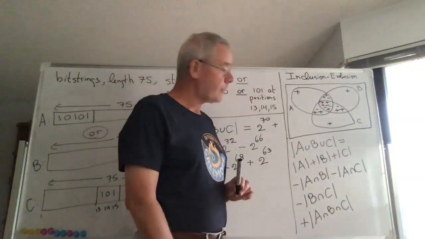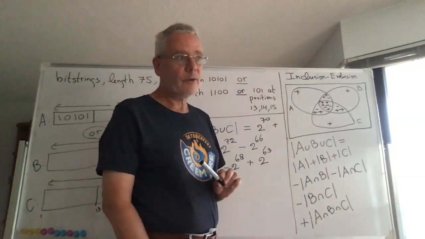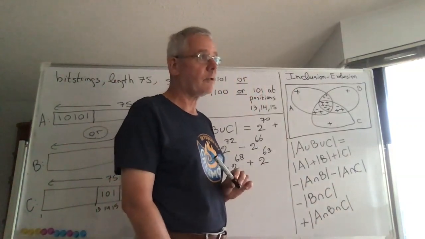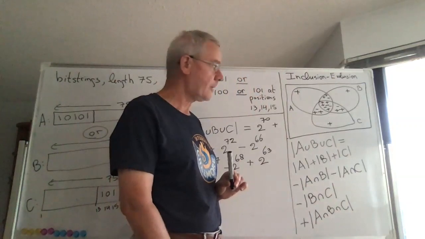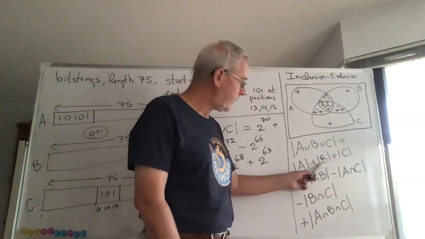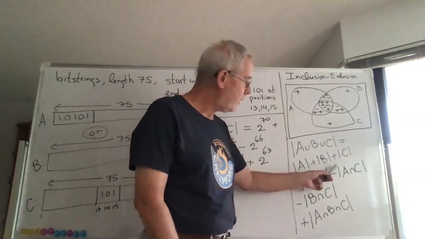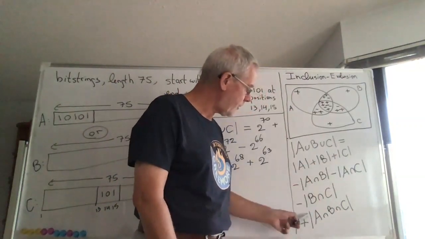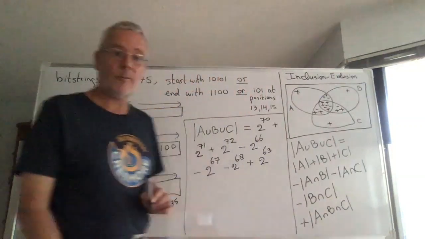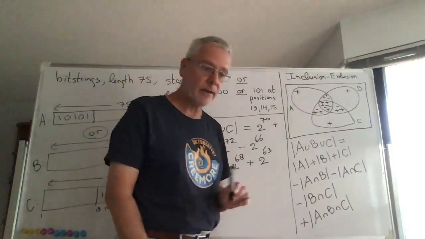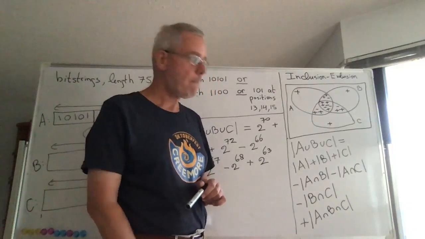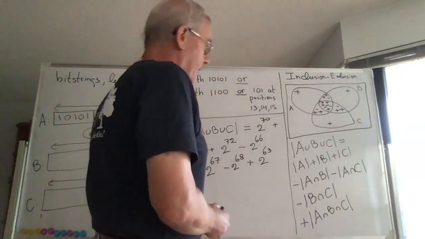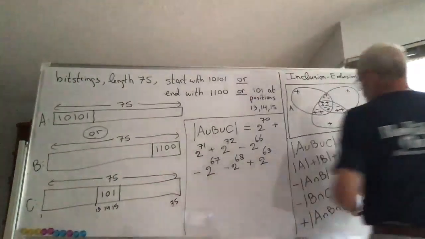Because any two subsets have an empty intersection, then this term is 0, this term is 0, this term is 0, and this term is equal to 0. So in that case, we just get the sum rule back. So this is inclusion-exclusion.